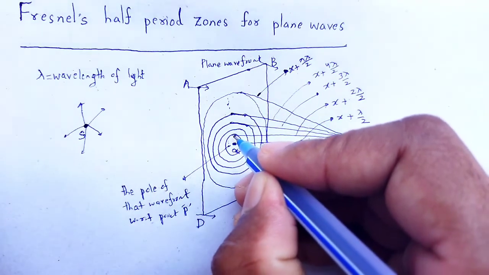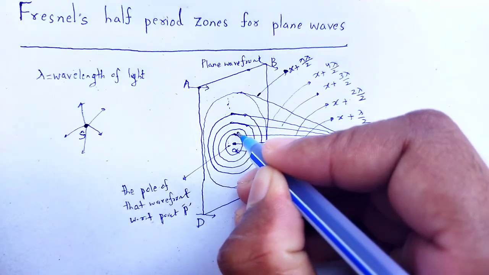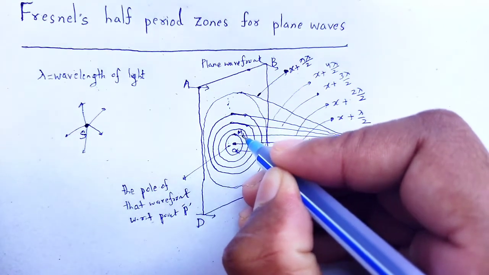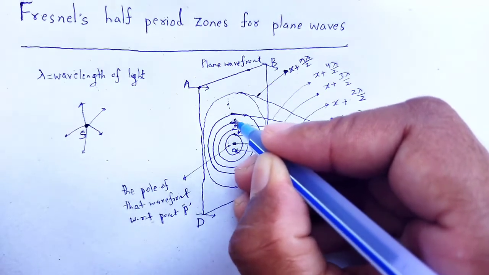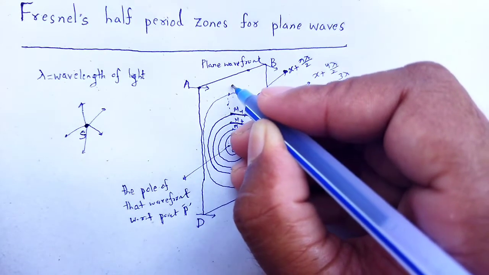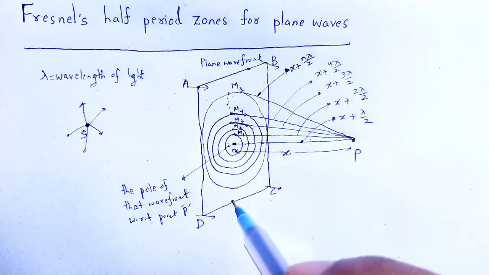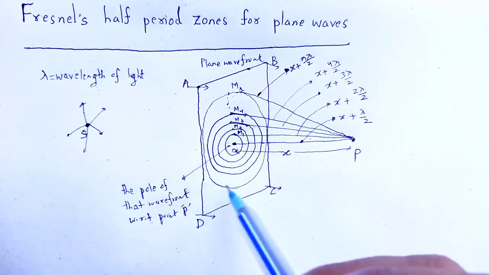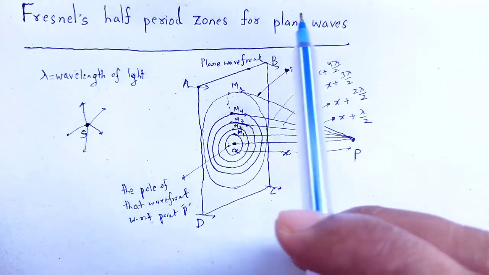And the points are named here as M1, that point M2, that point M3, that point M4, and for the nth point, Mn. These strips or zones are further named as half period zones.